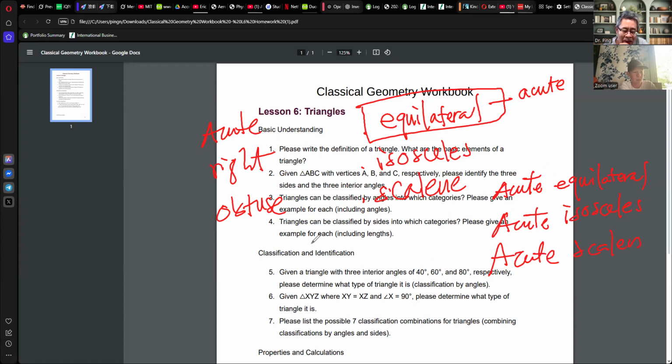But then we cannot have right equilateral. But we can have right isosceles, and we can have right scalene.